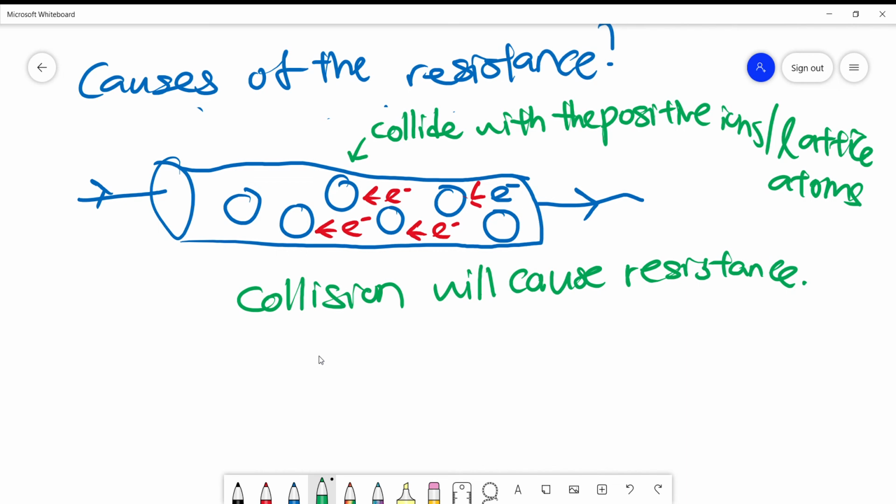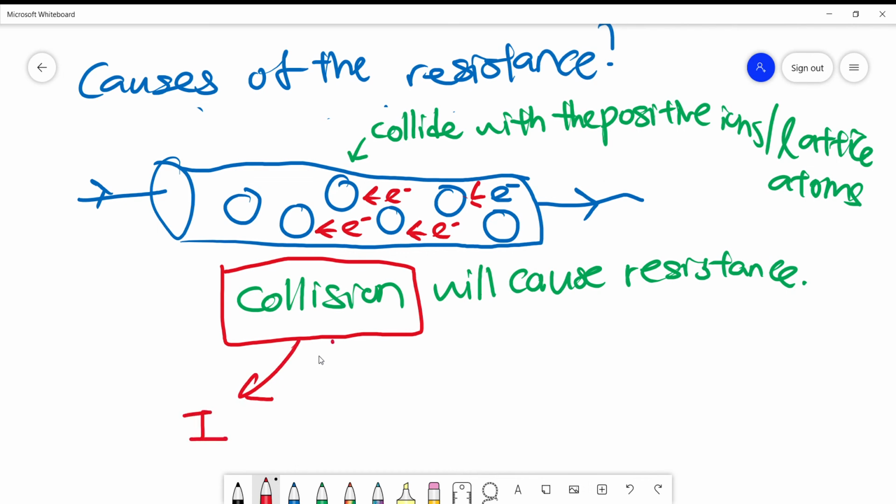So this collision not only produces the electric current, but at the same time causes the resistance. Let me just write it down. This collision will produce I, and at the same time will cause the resistance.